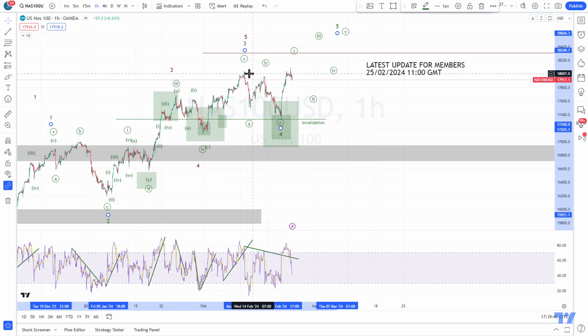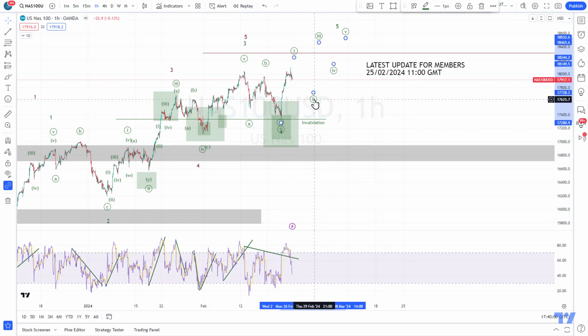However, we cannot exclude this kind of move, expanded flat structure or running flat structure as a wave 4. That's always possible. So okay, if we get some pullback here as a wave 2, it could be that indeed this low is holding. However, if we would take out the low, that would not really make the NASDAQ bearish, I would say, because then we can still have the running flat as a wave 4.